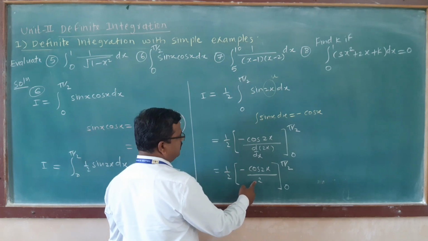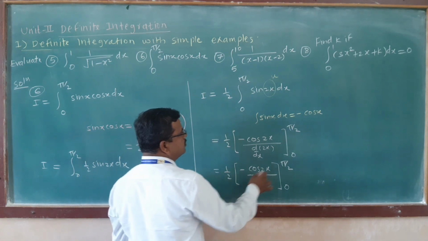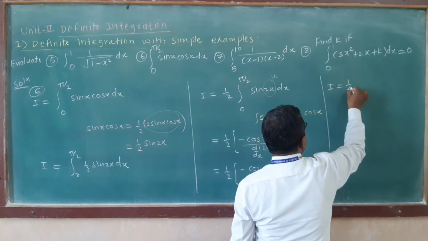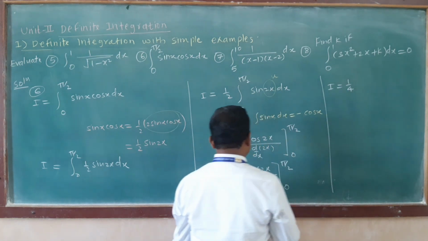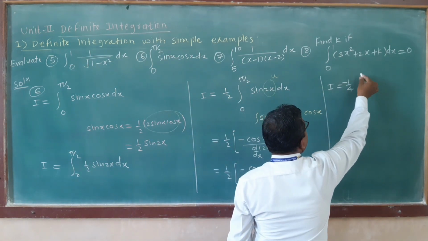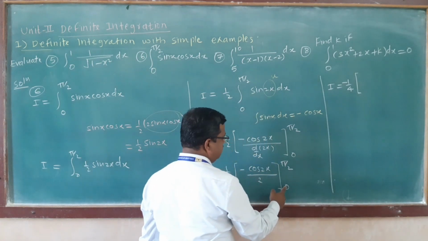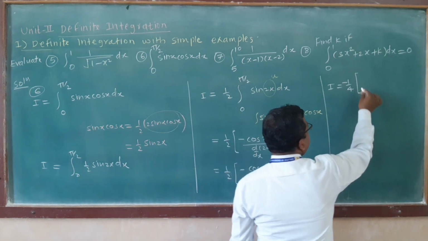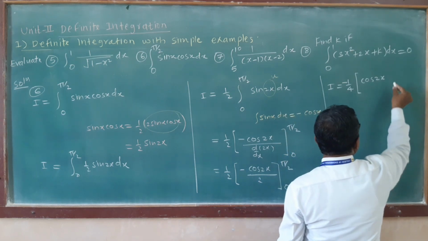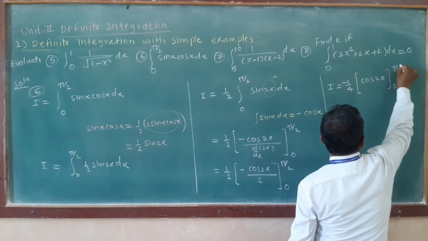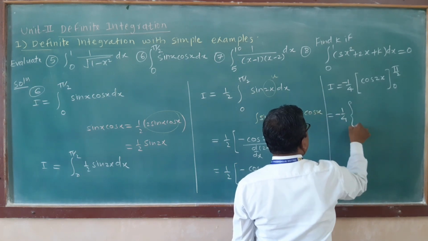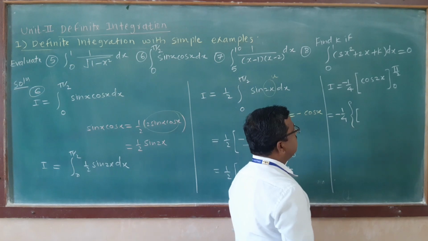Now, take this 2 common out, get multiplied to these 2, therefore, I is equal to 1 upon 4, take along with this minus sign, minus 1 upon 2 outside. So, this is minus 1 upon 4 within the limit 0 to pi by 2, cos of 2x within the limit 0 to pi by 2, which is equal to minus 1 upon 4 into bracket.